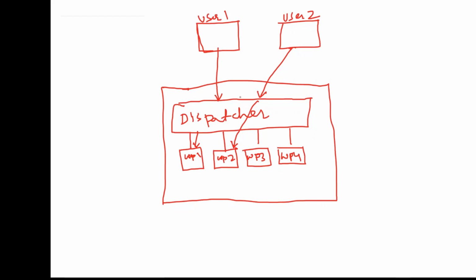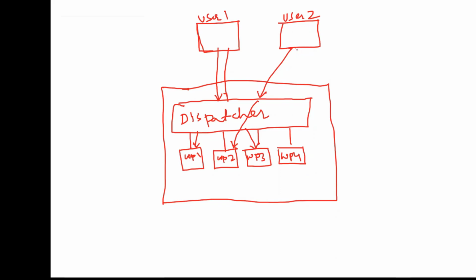Now, if user 1's report is handled by work process 1 and user 2's report is handled by work process 2, and user 1 runs one more program in a new window, then again the request will go to the dispatcher. Now it sees that 1 and 2 are busy, so it will assign that to work process 3, right?